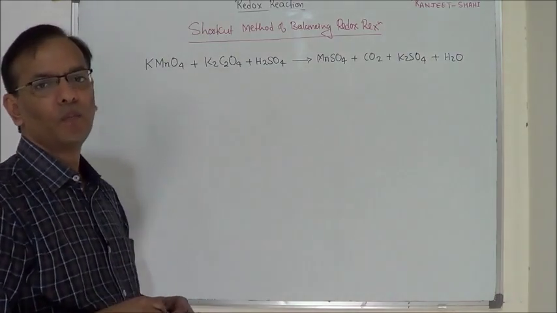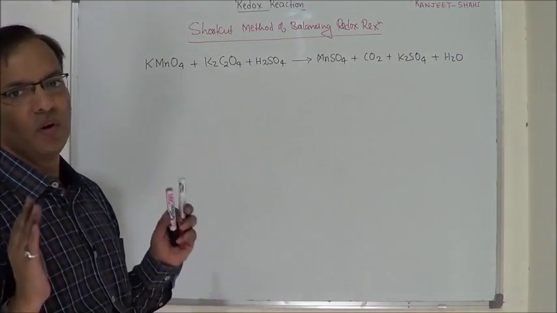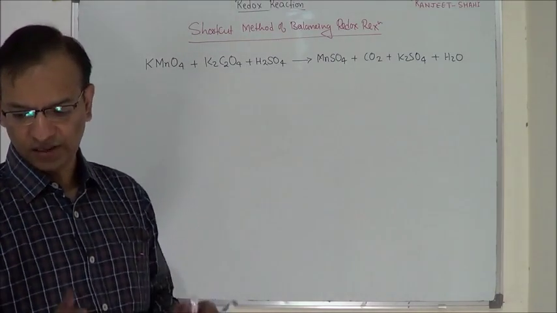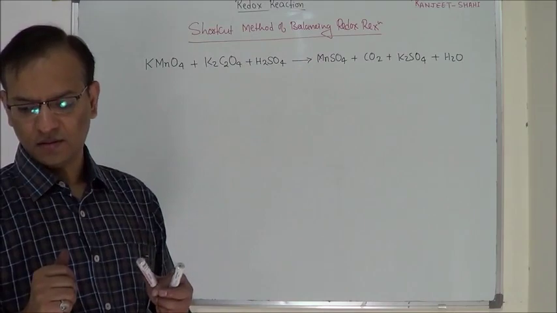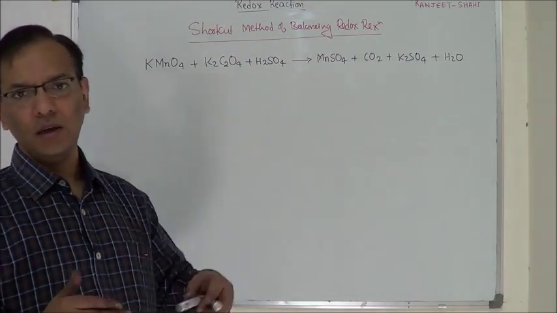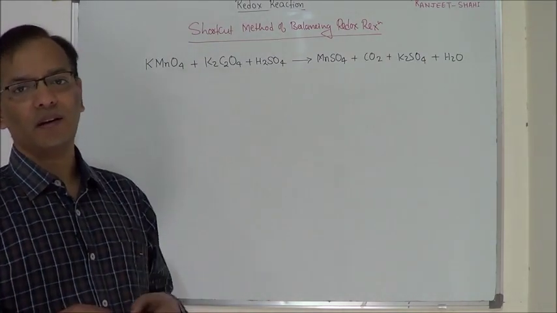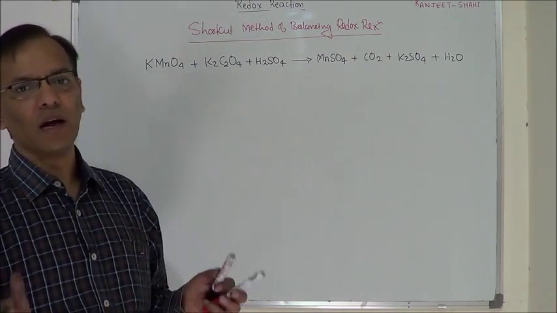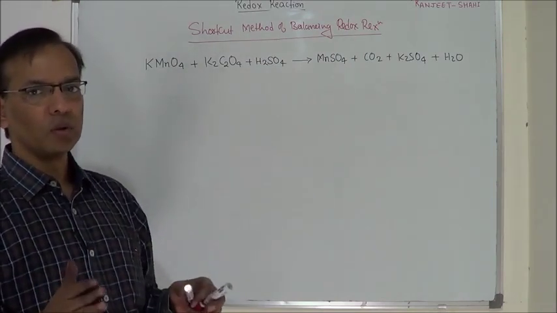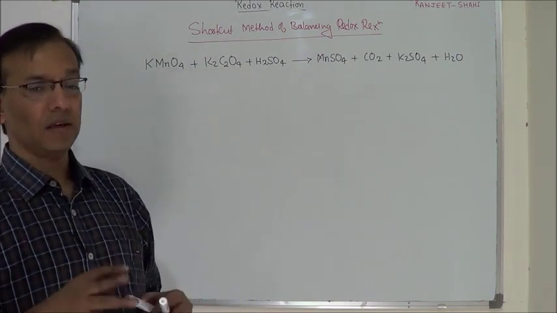Our task is to solve the stoichiometry of this reaction, and for that we require a balanced redox reaction, and we have just discussed the method of balancing. But if we go through the ion-electron method, it will take some time, and if we want to save that time, we can apply this technique.